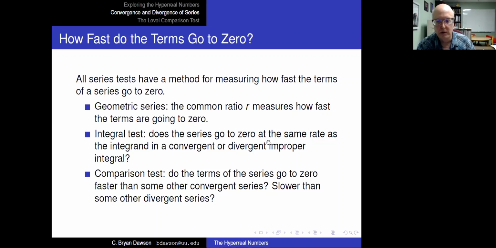Does the series go to 0 at the same rate as the integrand in a convergent or divergent improper integral? Or the comparison test. Do the terms of the series go to 0 faster than some other convergent series or slower than some other divergent series? So each of these series tests are trying to measure how fast the terms go to 0.